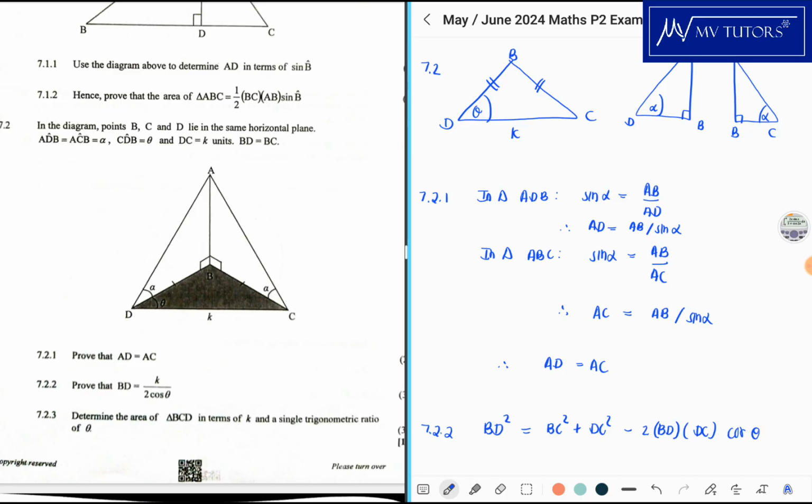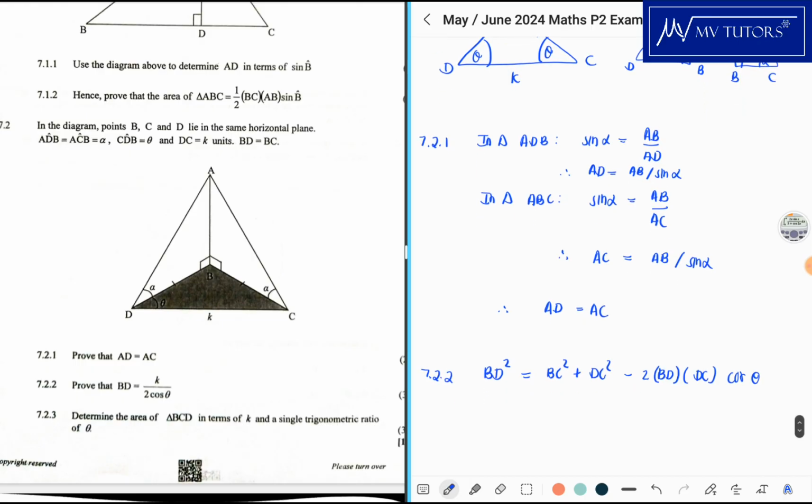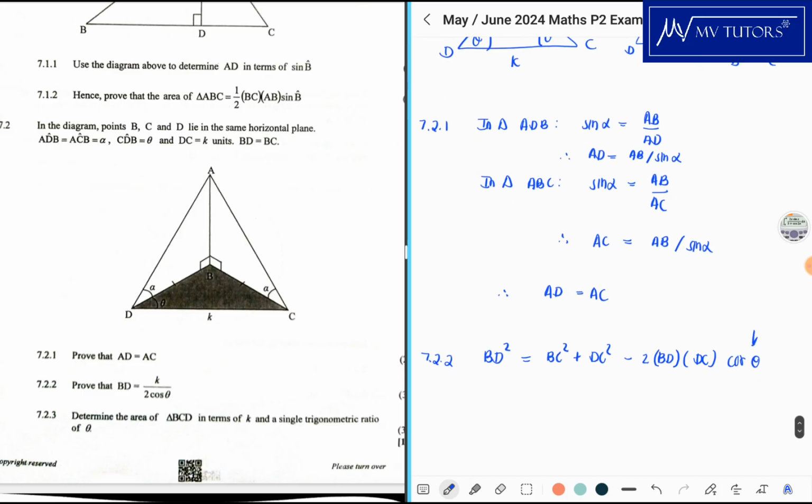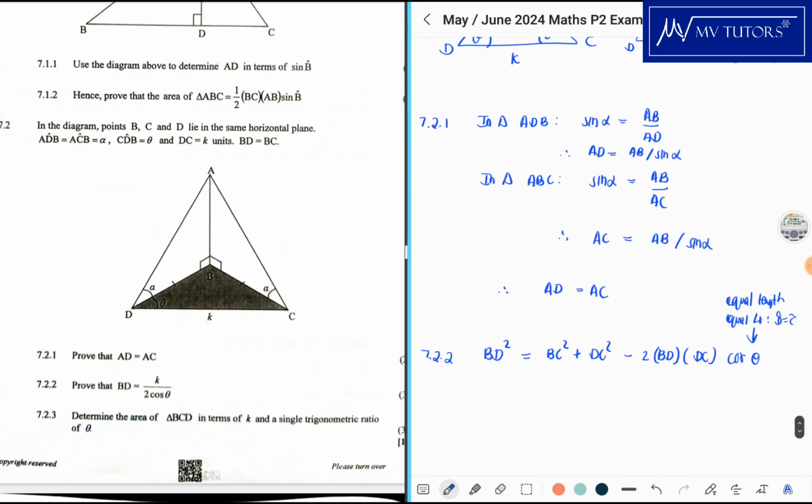Because BC is equal to BD, then angle C is also theta, because I was thinking theta is at D. So yes, C is also equal to theta. Equal lengths, equal angles. Therefore, angle D is equal to angle C. So then we can have cos C if you like, or just cos theta.